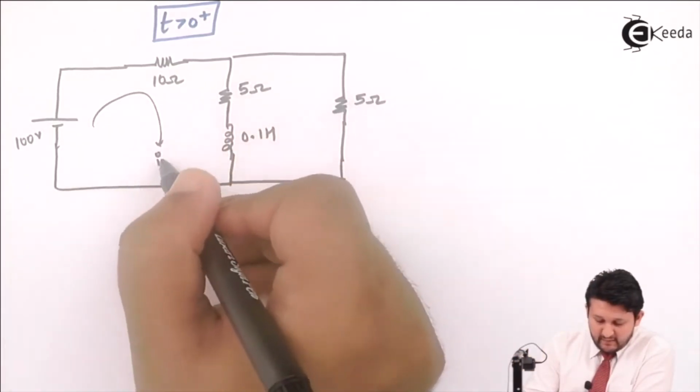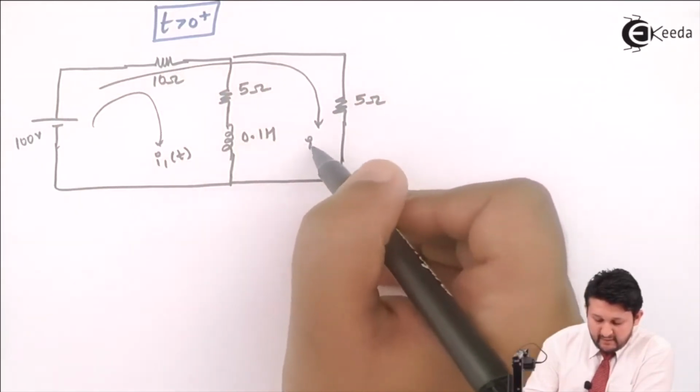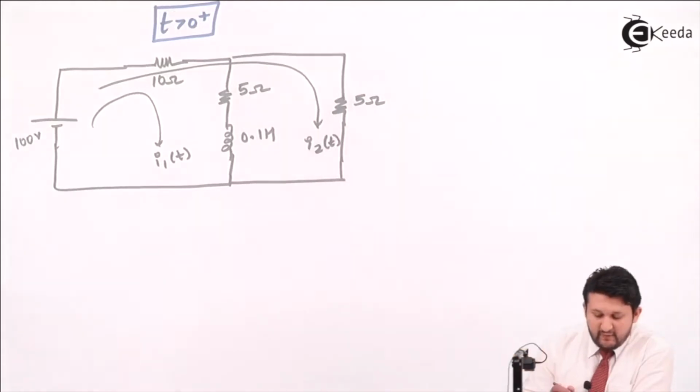This will be your I1 of t, this will be your I2 of t. So apply the KVL.